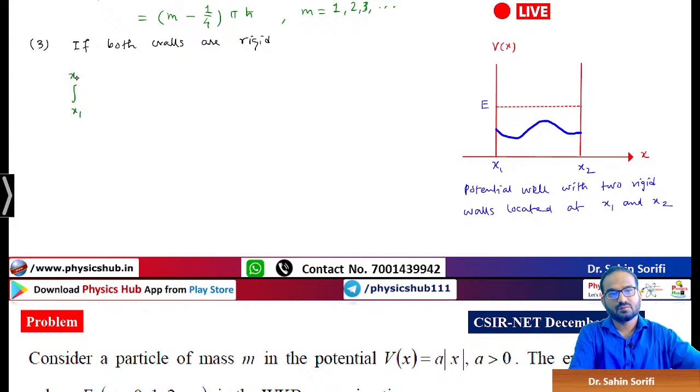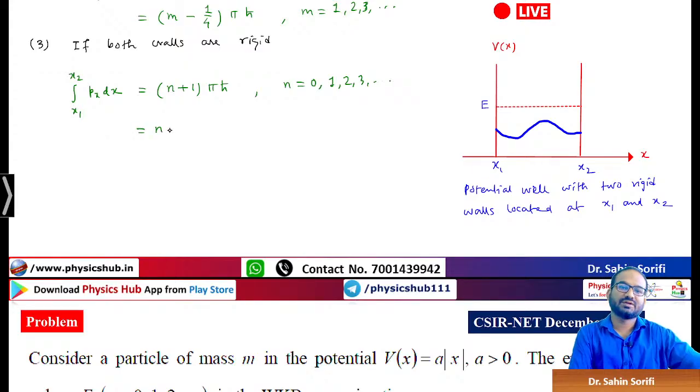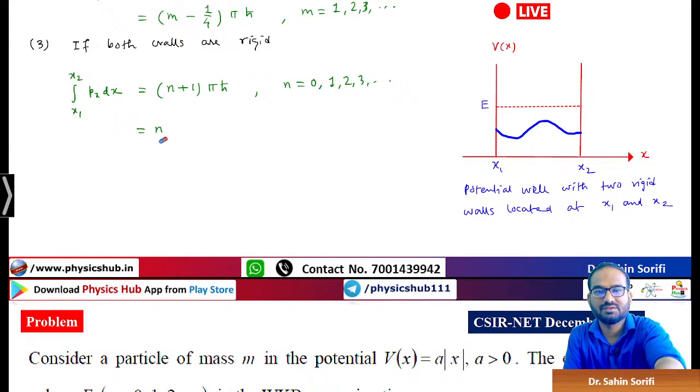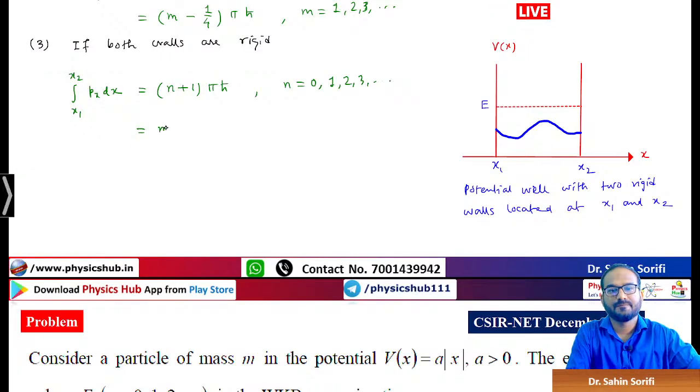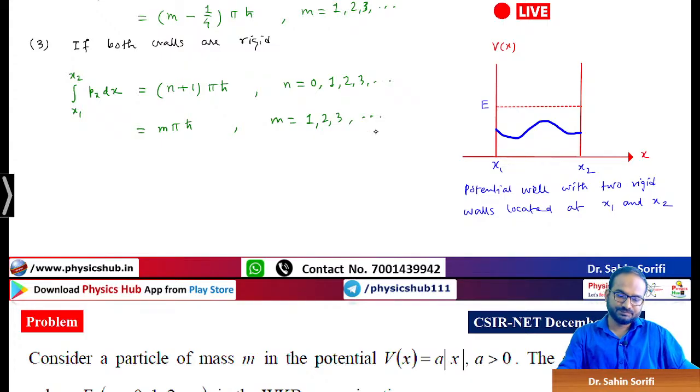Integration x1 to x2 of p x dx is equal to, the formula is n plus 1 times pi, where your n starts from 0, 1, 2, 3 and so on. So if you want to write it in this way, it is so straightforward, we can directly write it as m pi, because already it is n plus 1, if you start from 1, 2, 3 and so on.